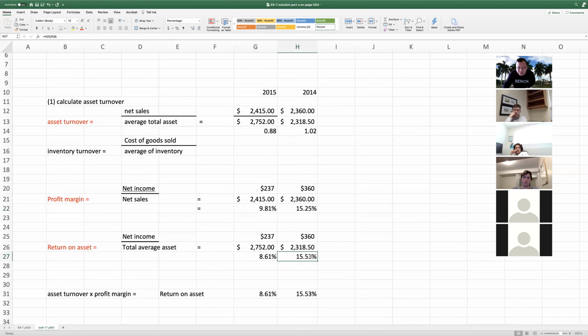The change of return on asset can be due to either. In this case, if you just compare numbers, do you think this change is mostly due to the profit margin change or the asset turnover change?